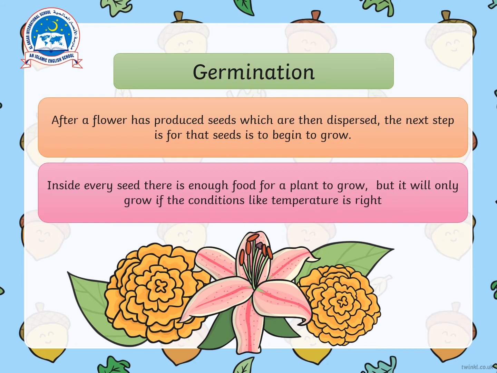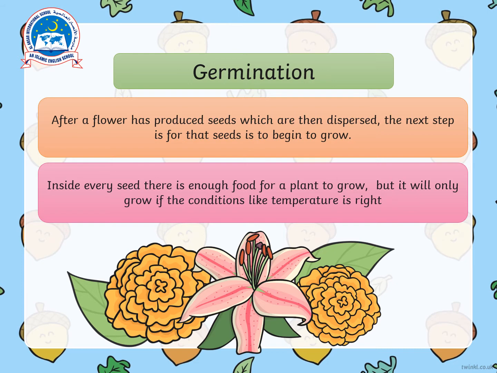But it will only grow if the conditions are right. So every seed grows in good conditions. Those conditions are good sunlight, a good quality seed, and good soil in which you put the seed to grow. So all of these things matter.